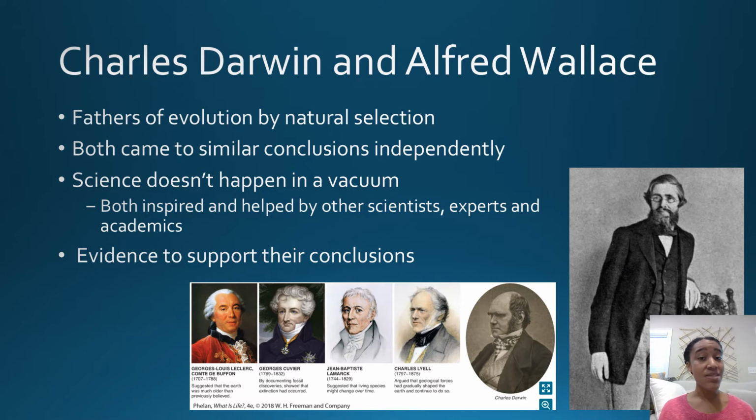Rarely does any progress happen in a vacuum, so keep that in mind as you go through your careers. There was evidence at the time for natural selection, and it has been expanded upon, and even more evidence has been found since their time to support evolution by natural selection.